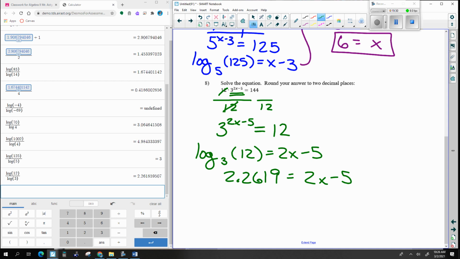So what I'm going to do is add 5 and then divide by 2.